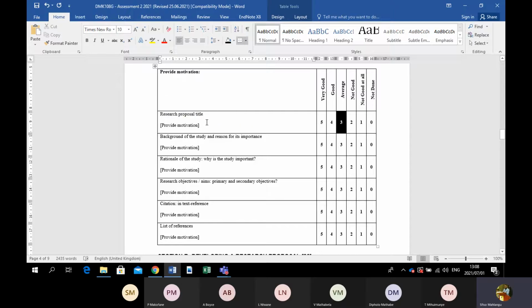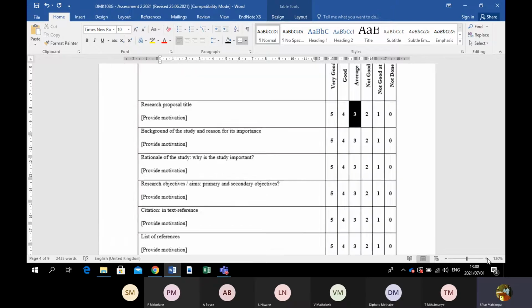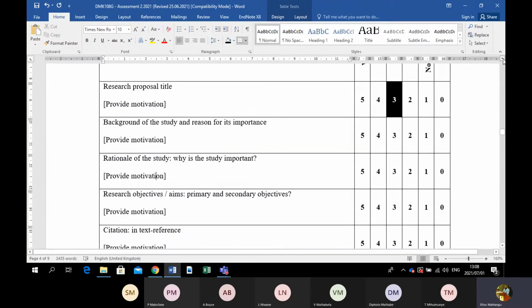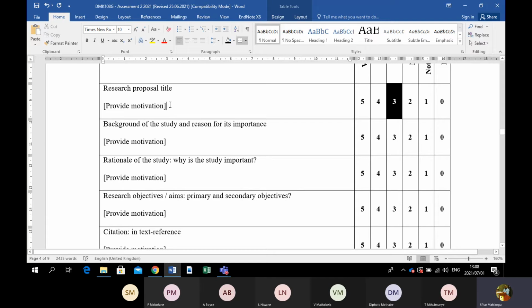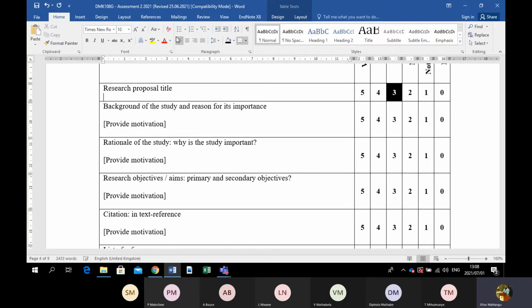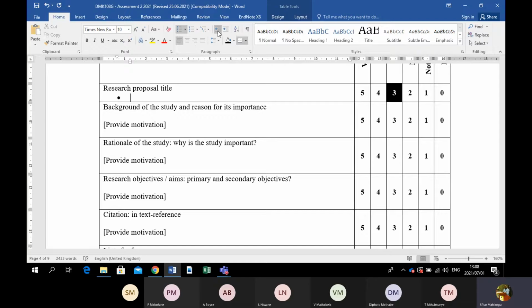So first of all, you need to understand and show that you do understand what actually you are looking for when you review, or what is actually required from students when they provide a research proposal title. So let's quickly have some bullets here to talk about the title, talk about what is needed under background, and what is needed under rationale, and so on.